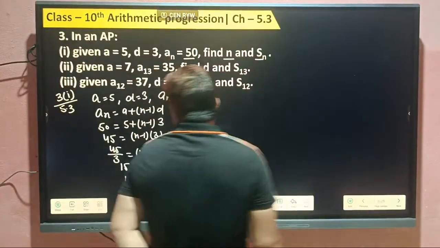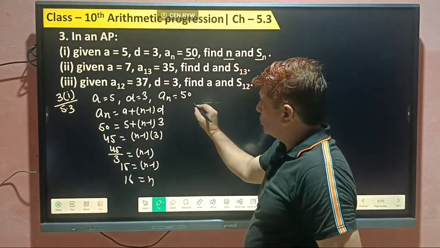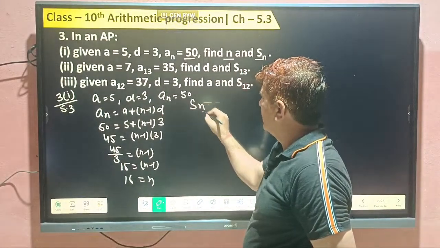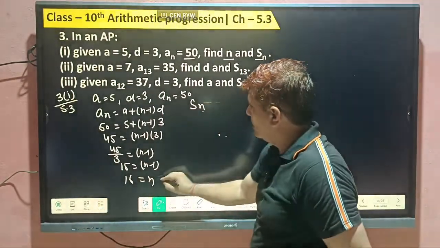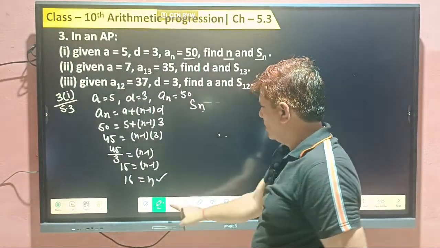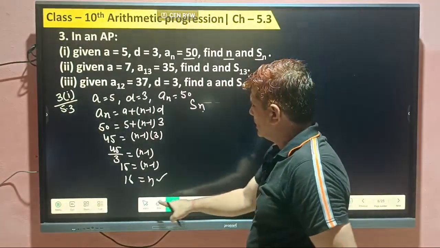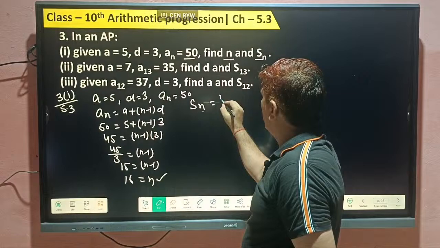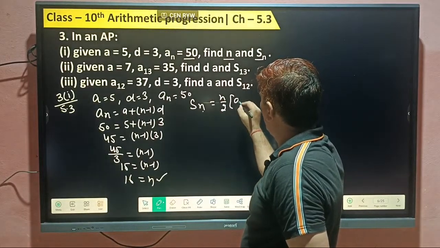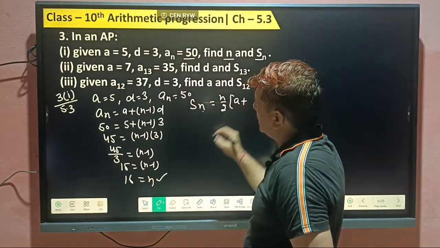N equal to 16. Now SN we have to find out. SN equal to N by 2 into A plus last term.